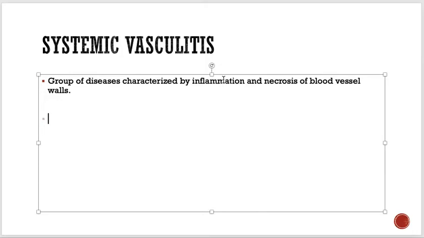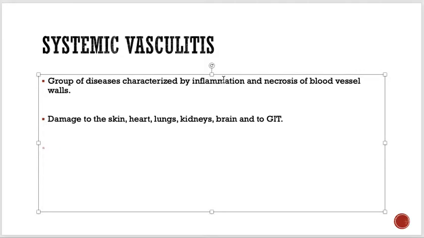Different conditions affect different types of vessels, and that's why there are different clinical features. There could be damage to the skin, the heart, the lungs, the kidneys, the brain, the GIT, and all the other organs in the body, because blood vessels are everywhere.